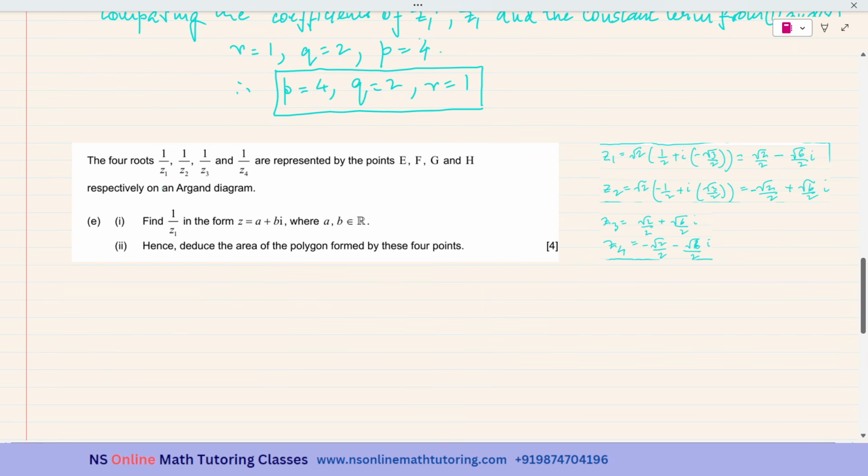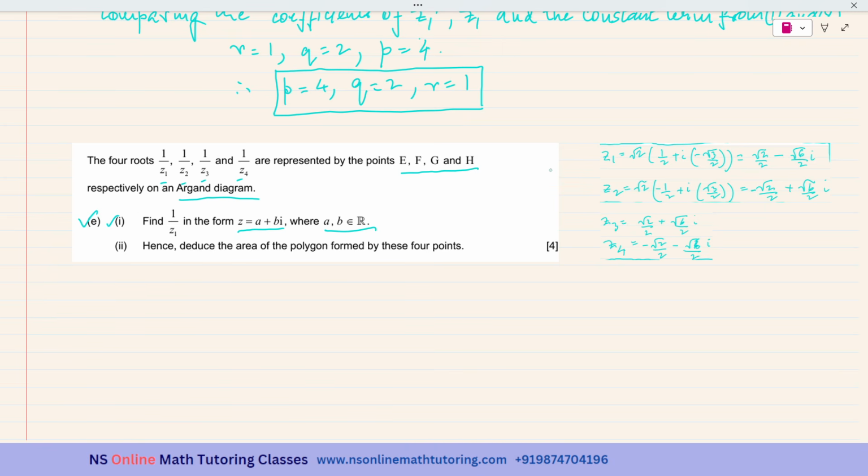The four roots 1 over z1, 1 over z2, 1 over z3, 1 over z4 are represented by the points E, F, G and H respectively on an Argand diagram. Part E has two further parts. Part I is saying find 1 over z1 in the form z equal to a plus bi, where a and b are real numbers.